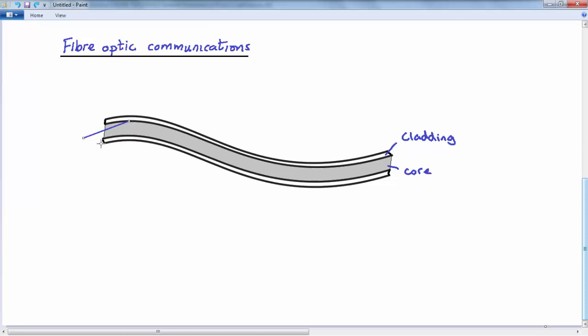As a result of that, the ray of light will be totally internally reflected. That's to say, it will be 100% reflected, and none of the light energy will pass across this boundary. It will be retained within the core as it passes along the fibre optic.